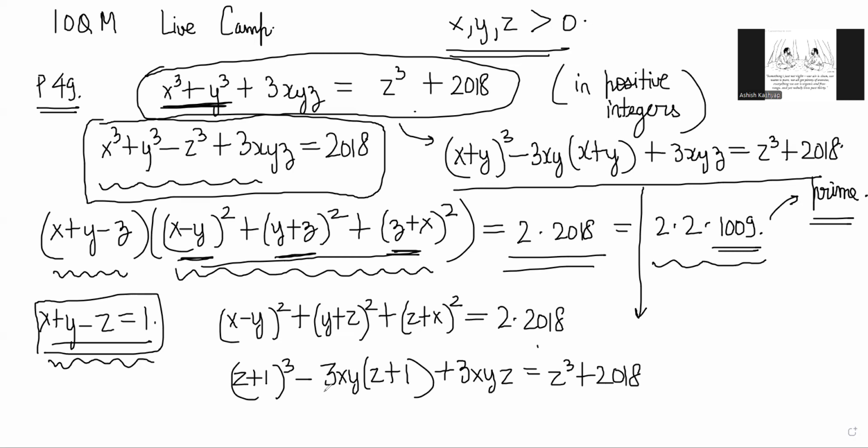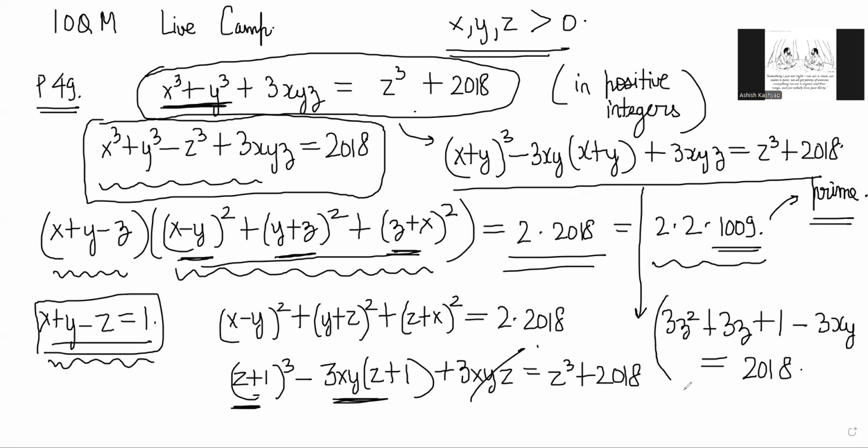Correct. So notice that this 3xyz will cancel this term and you will get a minus 3xy here, and z cube will also cancel. So we will end up with 3z square plus 3z plus 1 from here minus 3xy is equal to 2018, right?